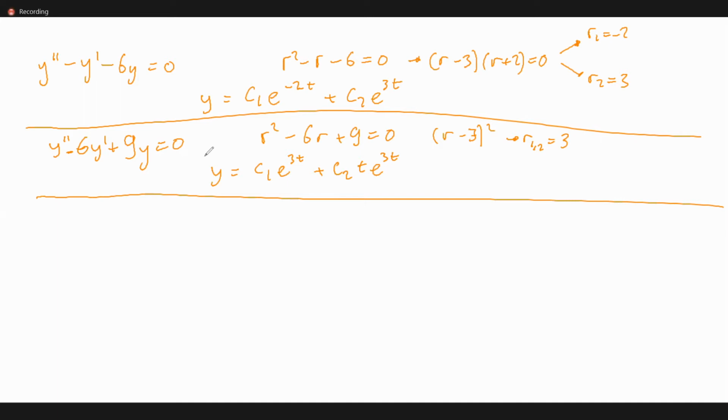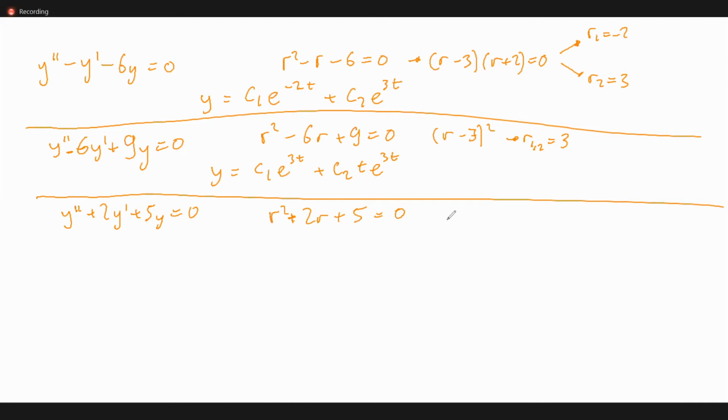And the last example is y double prime plus 2y prime plus 5y is equal to 0. The characteristic equation in this case has coefficients 1, +2, and +5.